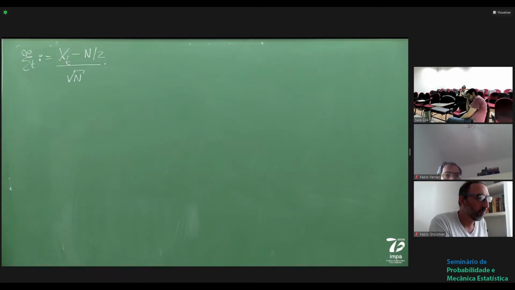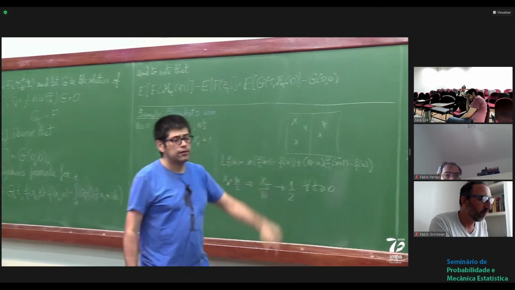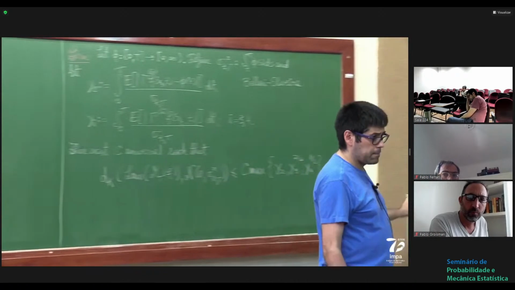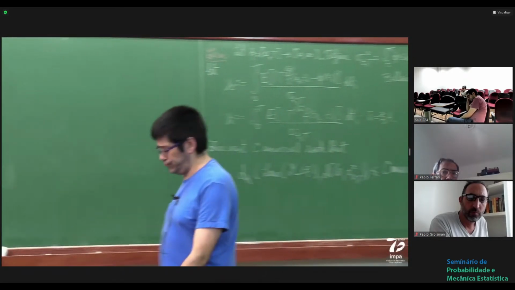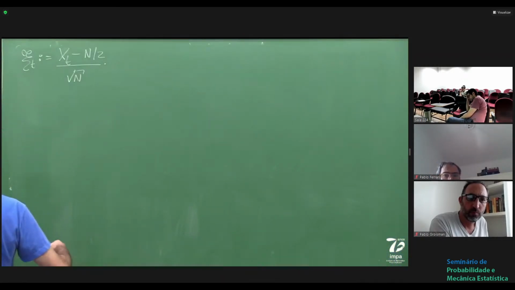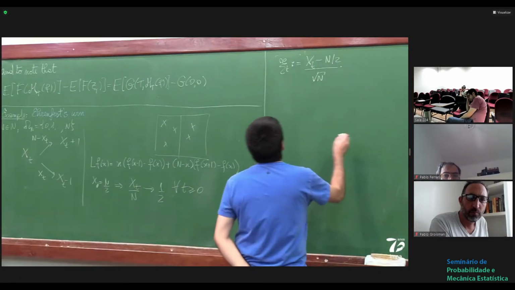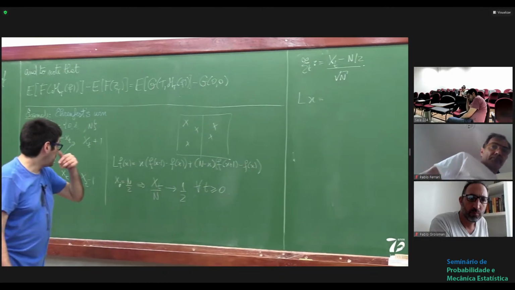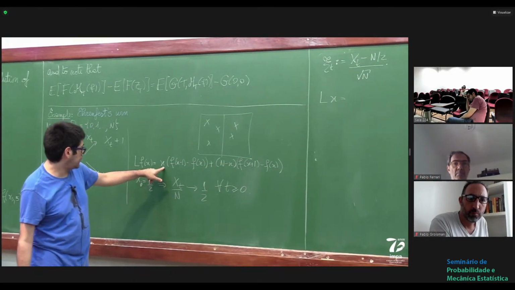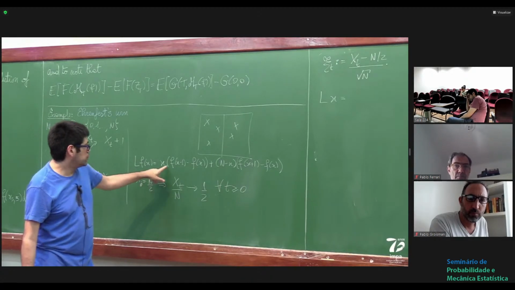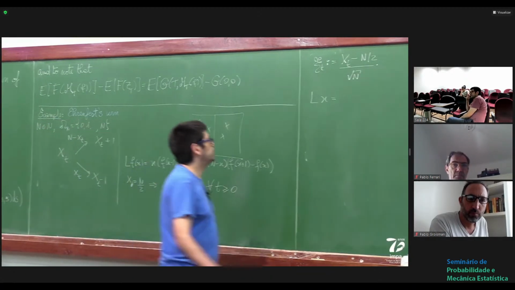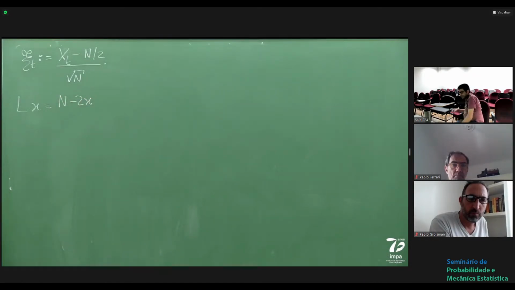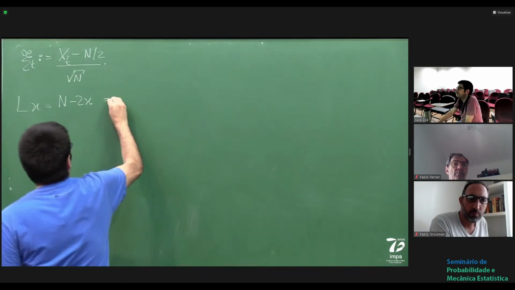And now the idea is to use this theorem to check whether we can prove this in a quantitative way. You can check L of the function x. If you take L of the function x, you see that it gives you this minus this, so it's n minus 2x. This implies the following.